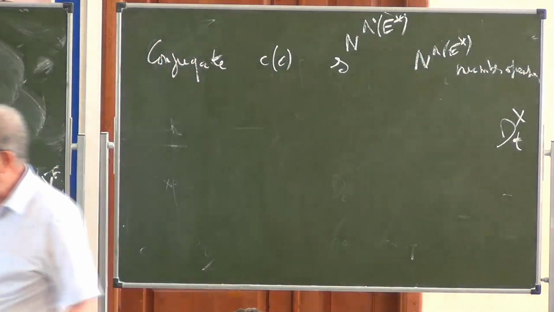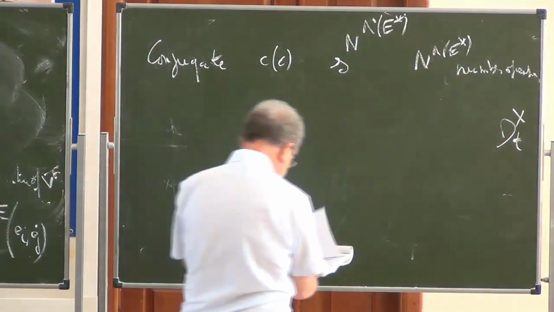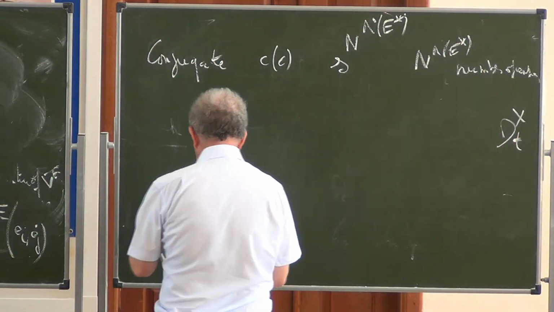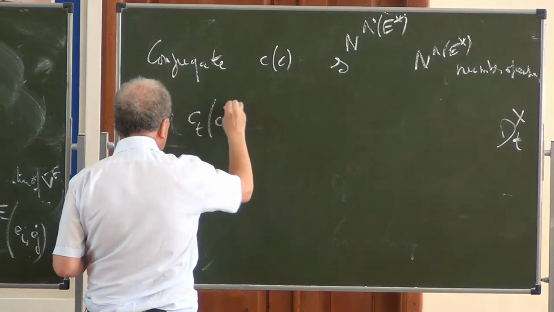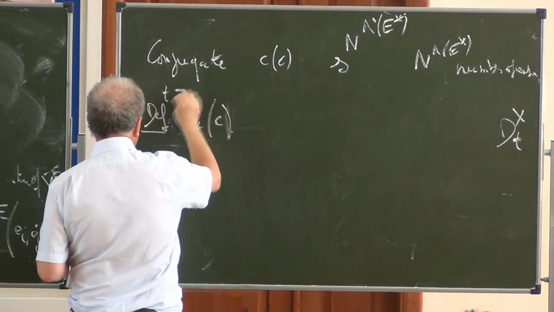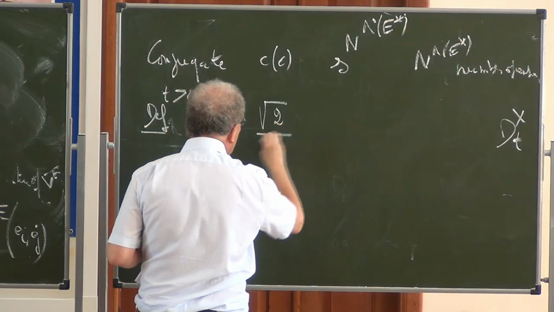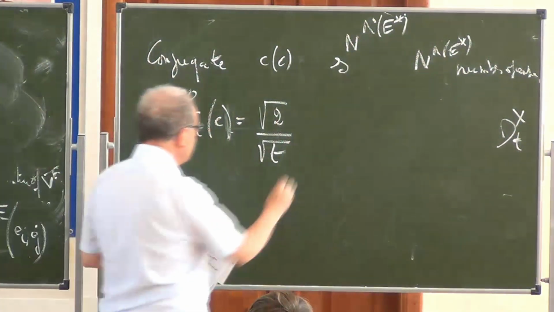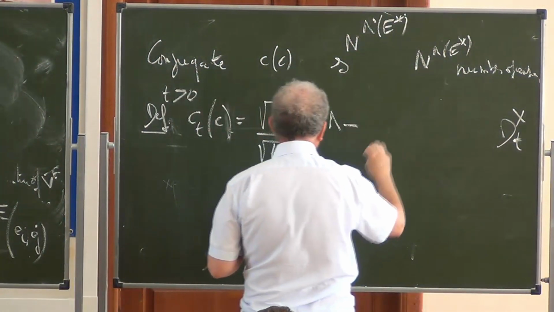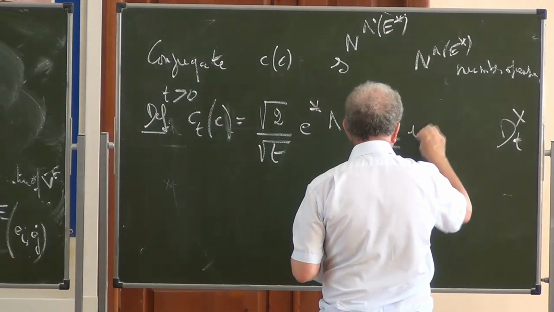It acts by multiplication by p on p-forms. So I define c_t(e) now for t positive. c_t(e) is given by e* wedge minus square root of t divided by square root of 2 times contraction by e. I introduced the square root of 2 here, but don't pay too much attention to it.